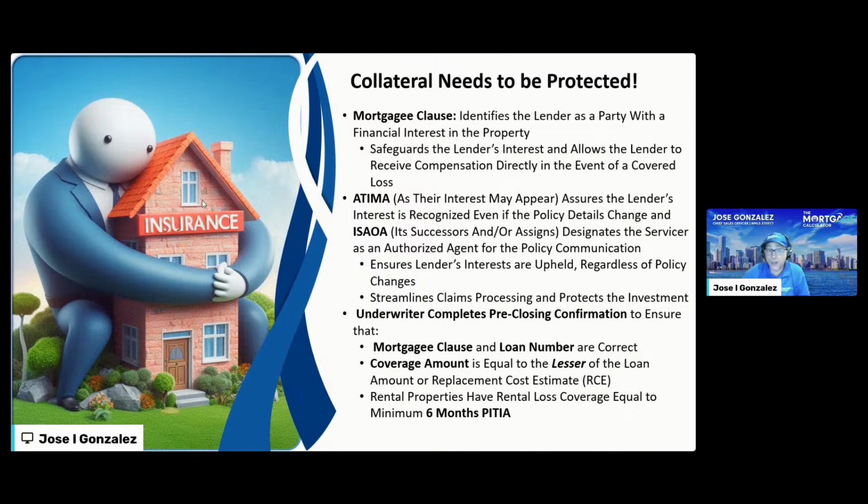So don't forget to check these items before you submit that evidence of insurance to underwriting for review to make sure you don't get hit with undue conditions.